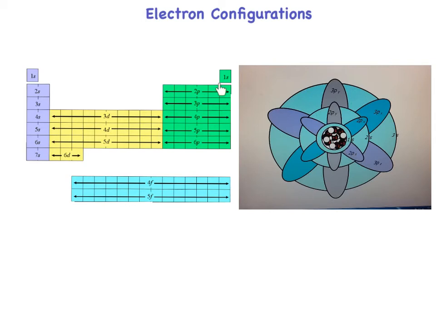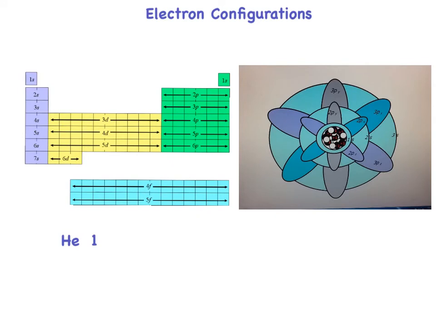So for helium's electron configuration, first we'll write its symbol, then the energy level, and then the sublevel, in this case s. Then we write the number of electrons residing in that orbital. For helium, it's going to be 2. Helium has 2 protons, 2 electrons. They're both able to fit in that 1s orbital. And so helium's electron configuration would be 1s2.